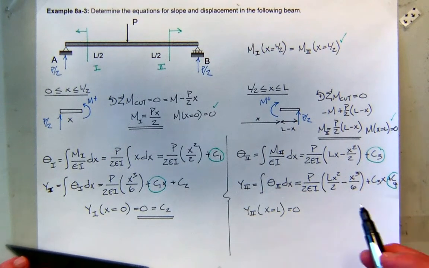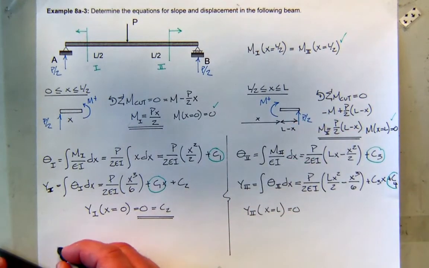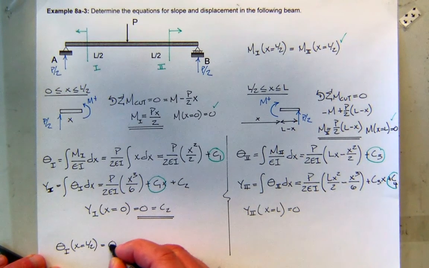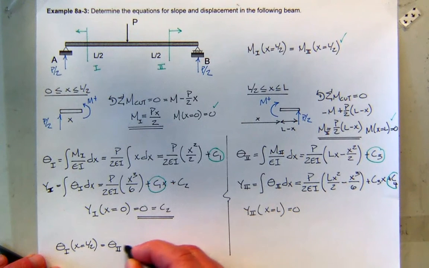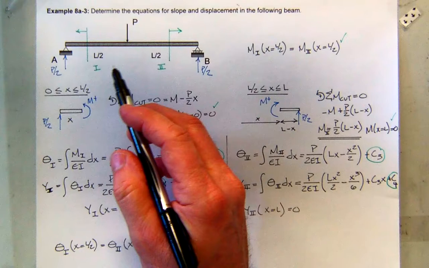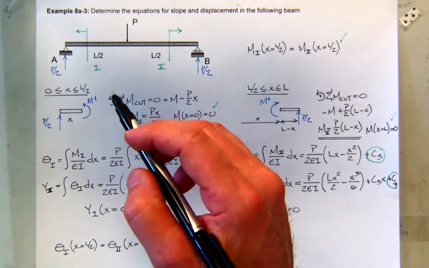And this is where you can either assume that the slope from the first condition at x equal L over 2 is equal to the slope in the second condition at x equal L over 2. Now that you can do every time. The slope can't come here and suddenly go off in a different direction.